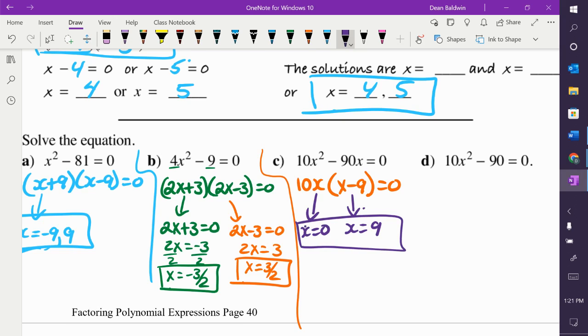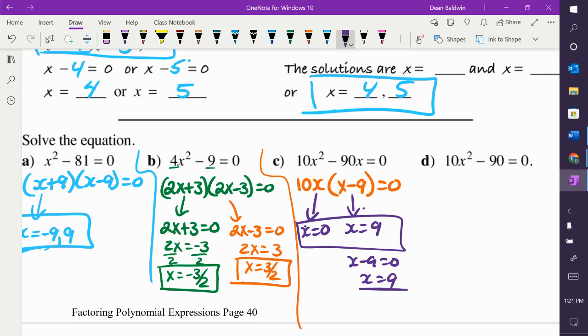If you have an x by itself outside, then 0 is one of your answers. Because essentially you're saying, okay, x minus 9 has to equal 0, right? So you move the 9 over and you get x equal to 9.